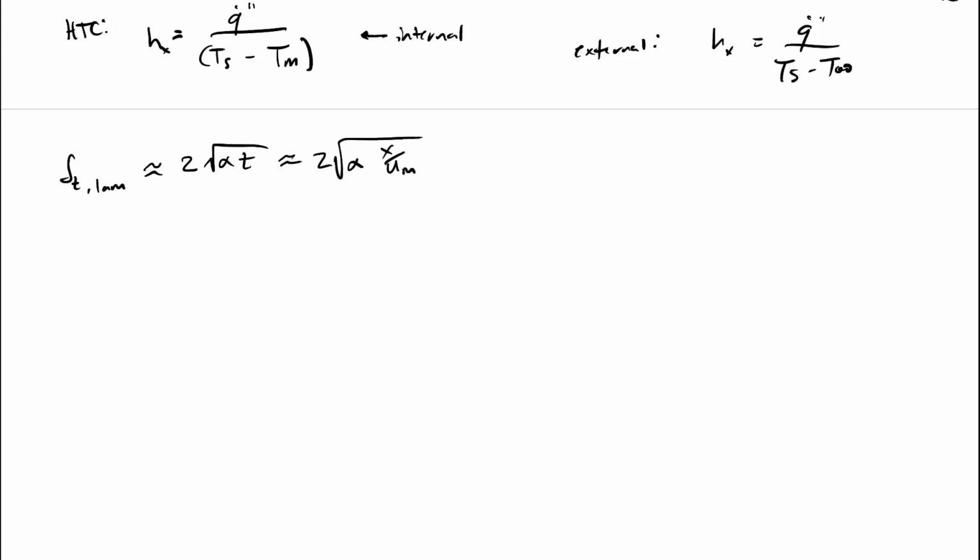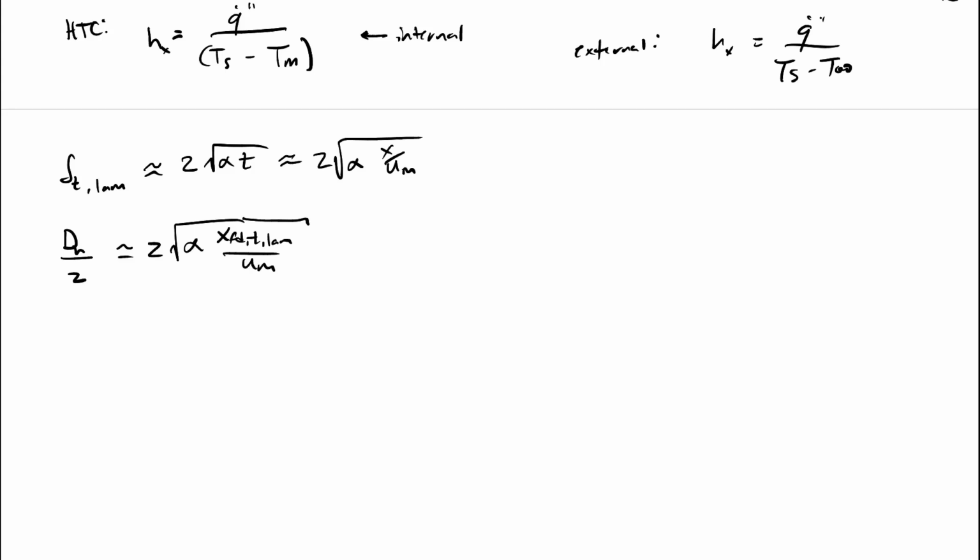Okay, so now if we know that the layers meet in the middle, that's D_h over 2, then that's going to give us 2 square root of alpha x_FD,T laminar over u_m. So that's the fully developed thermal boundary layer when it's laminar flow. That position divided by our mean velocity u_m.